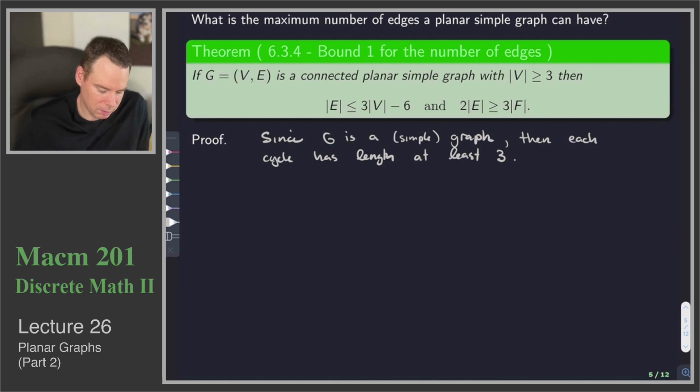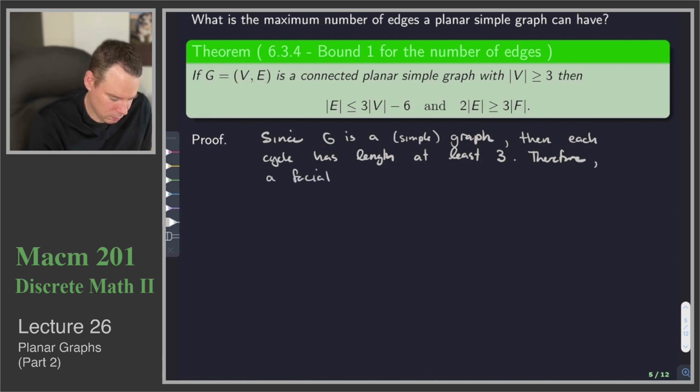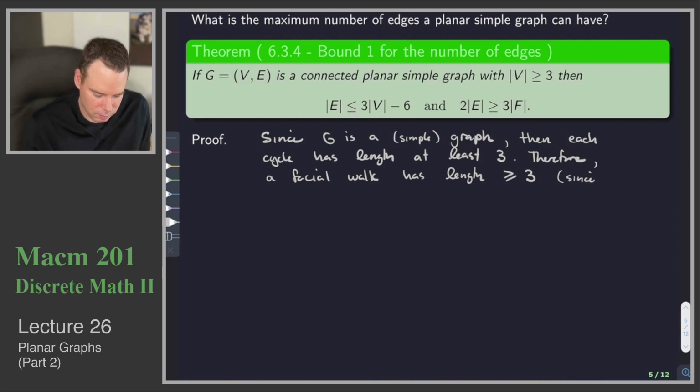So each cycle has length at least 3. Therefore, a facial walk has length greater than or equal to 3. And this uses the fact that the number of vertices is at least 3.